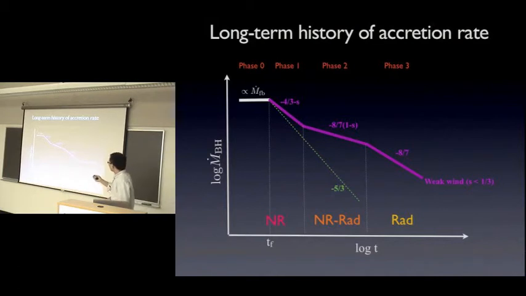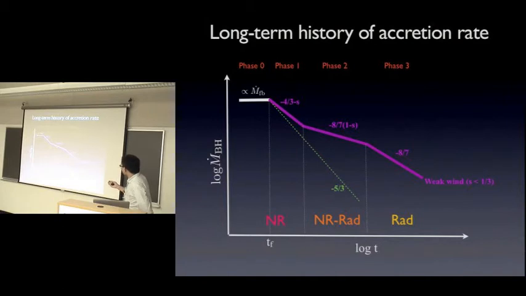Then in phase 1, phase 2, and phase 3, the fallback rate starts to decline, as shown in this green line. And the viscous spreading accretion rate does this. It also depends on whether there's wind loss or strong wind loss, because the wind suppression factor will be different, and it has an impact on the viscous spreading accretion rate evolution power law.